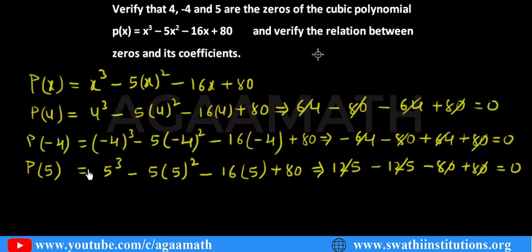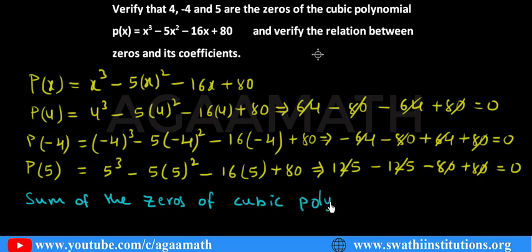First of all, we have to see the sum of the zeros of the cubic polynomial. Let me write here: sum of the zeros of the cubic polynomial is equal to what?